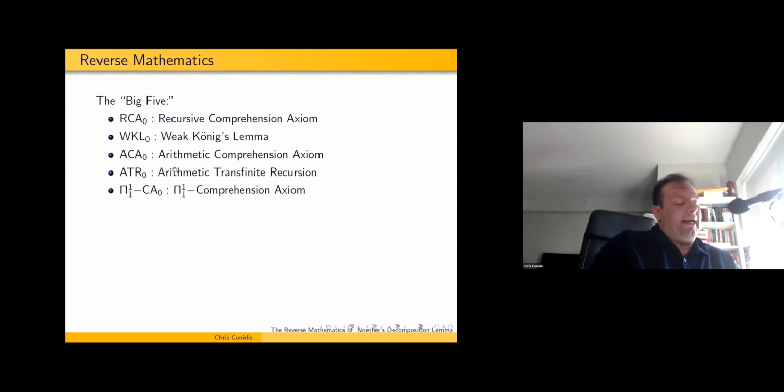Okay, so typically theorems from algebra tend to fall into either RCA naught or WKL naught or ACA naught. There are some that are known to be equivalent to Pi11 comprehension. I'm not sure about ATR. There are probably 1 or 2 that are known to be equivalent to arithmetic transfinite recursion.